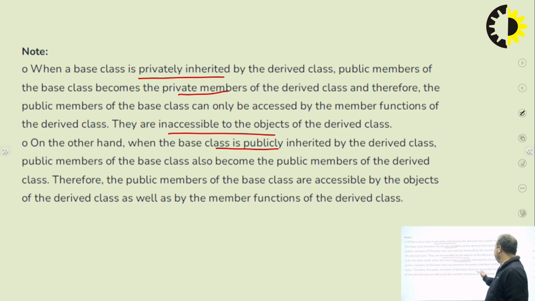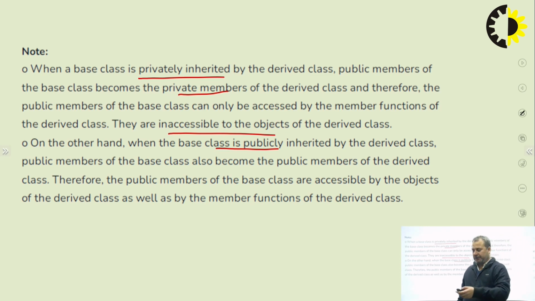Therefore, the public member of the base class is accessible by the object of the derived class. If the base class is publicly inherited, then the public or protected data of the base class become public or protected in the derived class also, so that data could also be accessed by the object of that class.